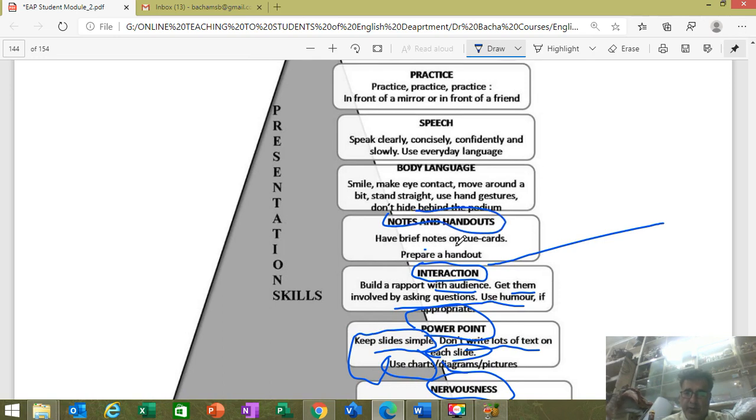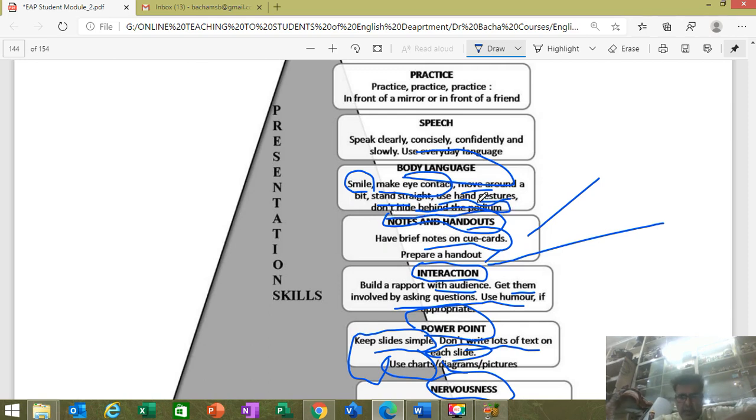And then, notes and handouts. Have brief notes on two cards. Prepare a handout and give those handouts and notes to your students, so that they can have a better understanding. Body language: smile, make eye contact, move around a bit, and stand straight. Use hand gestures, and do not hide behind the podium.